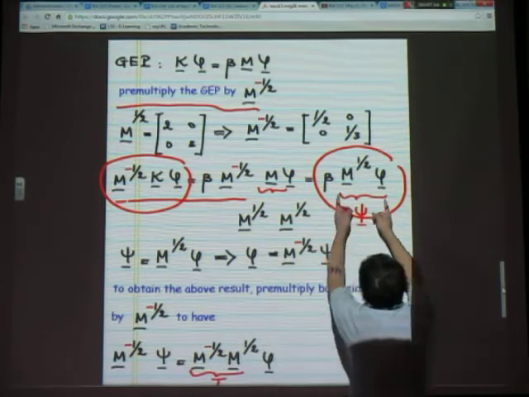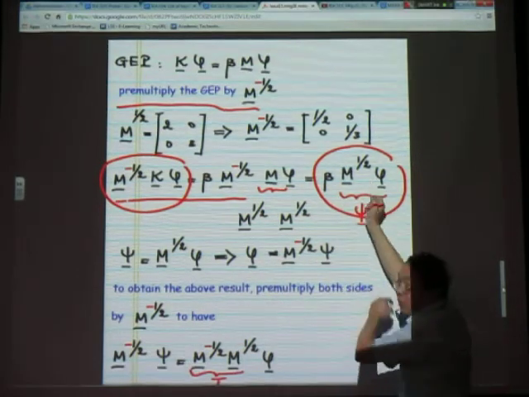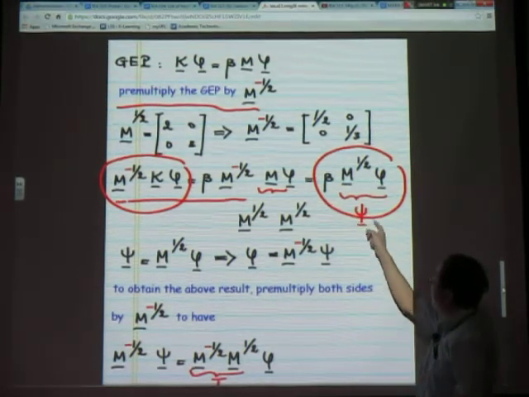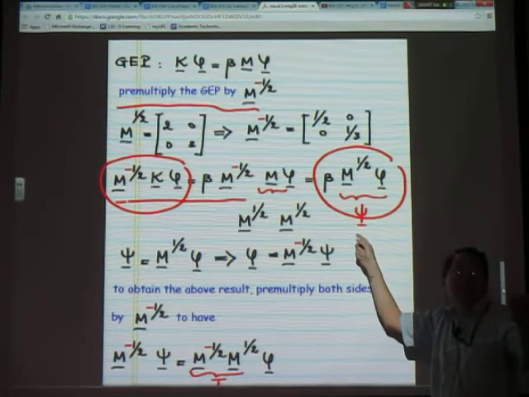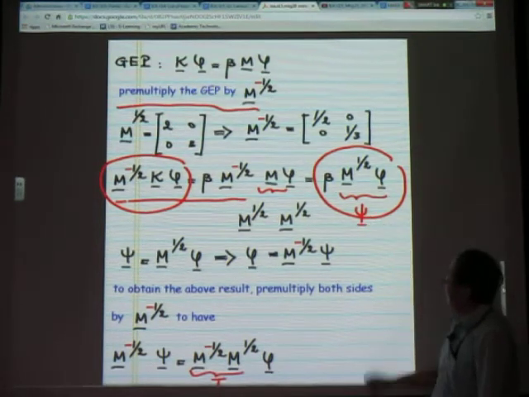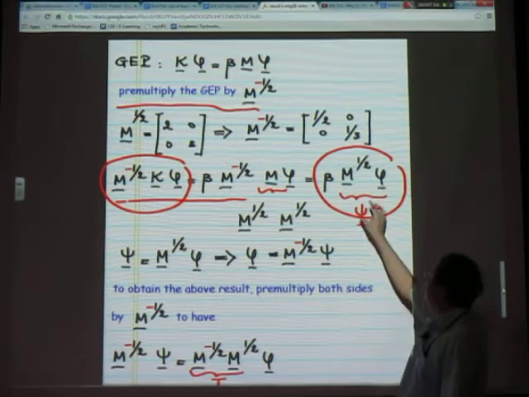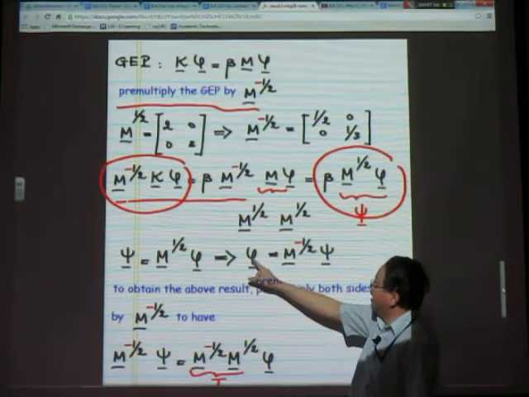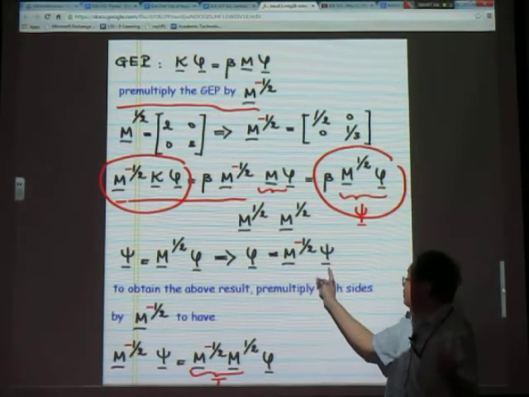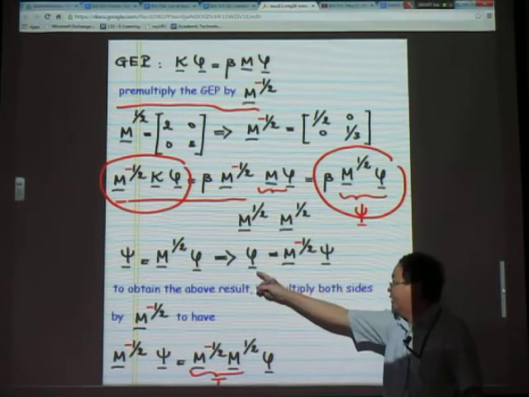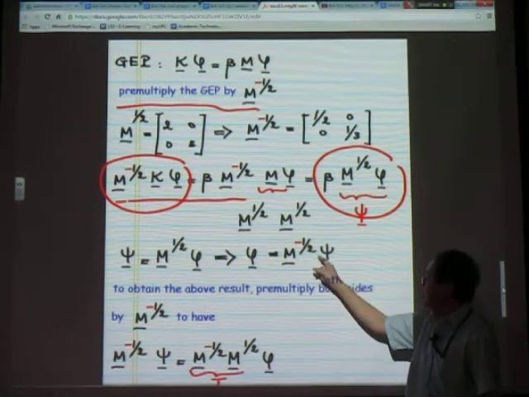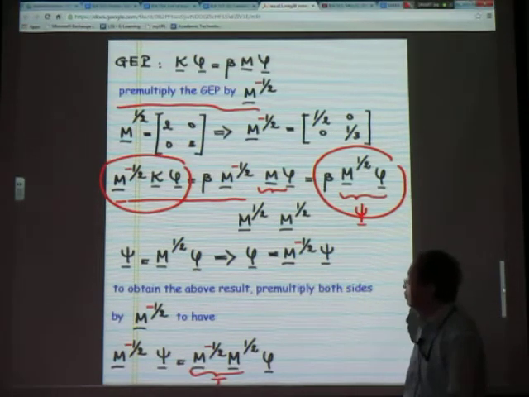And now define m to the power 1/2 times phi as a new vector psi. Then, inverting, you can express phi in terms of psi. So phi is equal to m to the minus 1/2 psi.